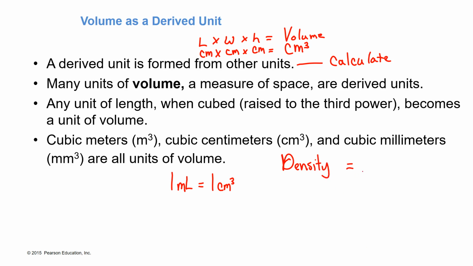So remember that density equals mass over volume. So for density, you get units like grams per milliliter, per centimeter cubed, grams per inches cubed, grams per feet cubed, grams per meter cubed, things like that.